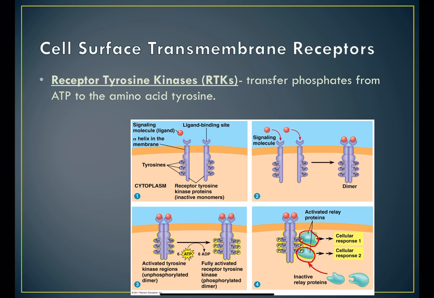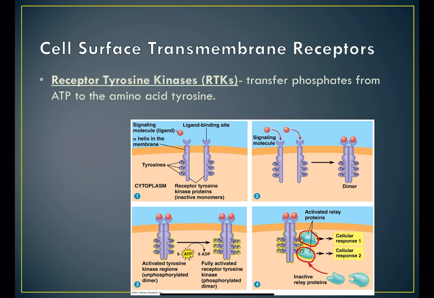Now, receptor tyrosine kinases, this is outside of the AP exam, but I'll just tell you. Receptor tyrosine kinases are really important in breast cancer. I don't know if any of you know anybody that has had breast cancer, but typically breast cancerous cells have lots of receptor tyrosine kinases in them.